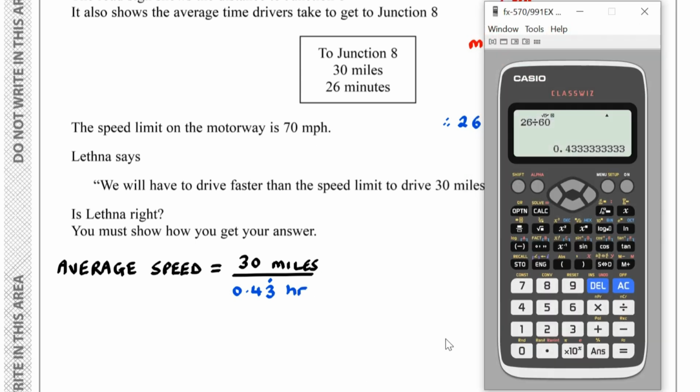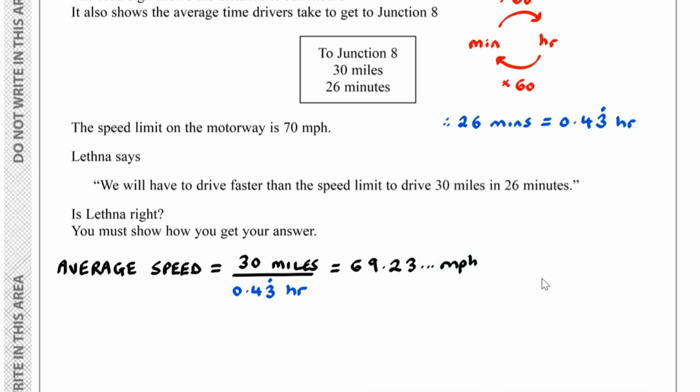So if I do 30 divided by this, I get a value of 69.23 etc. miles per hour. And this value here is less than the 70 miles per hour, which means she's going under the speed limit, so she does not need to drive faster, and therefore she is incorrect.